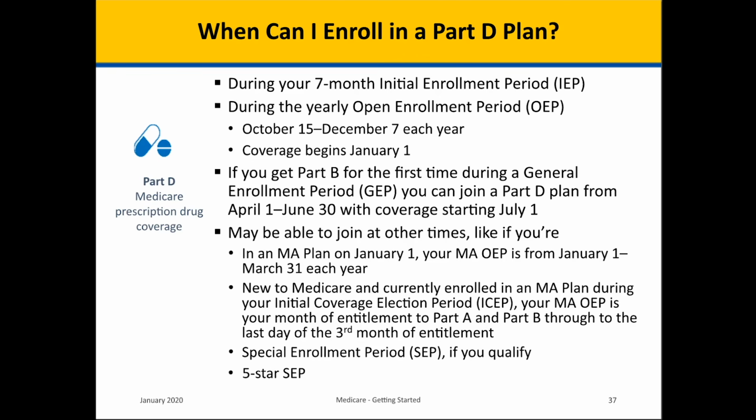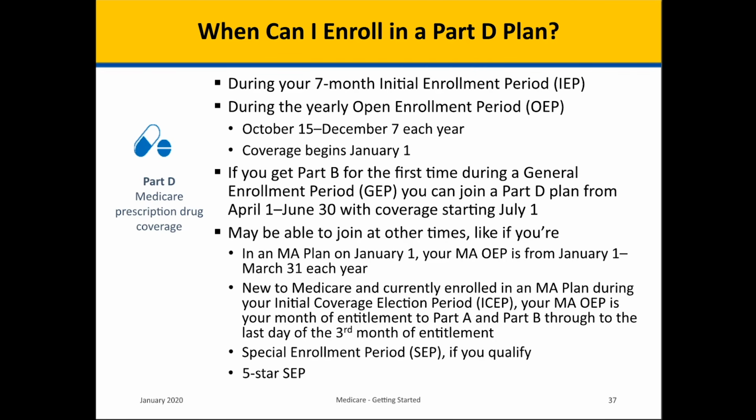You may also have an SEP when you enter, live at, or leave an institution like a nursing home. There's an SEP for those who have or lose Medicaid as well.